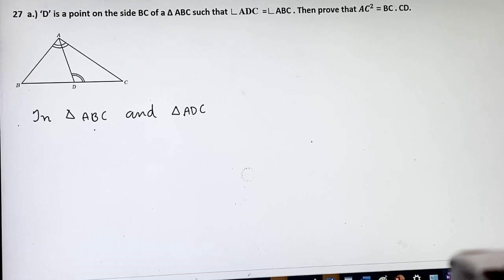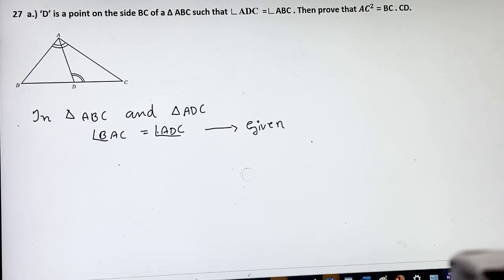So here, angle BAC is equal to angle ADC. This is the given data, this is what they have given: ADC is equal to BAC.